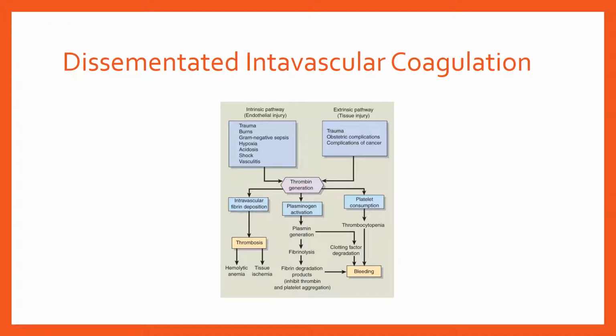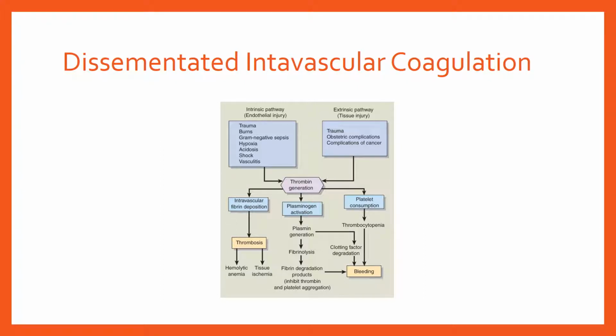So what happens? Some type of trigger will initiate one of the pathways in coagulation, and it may be either intrinsic or extrinsic, doesn't matter. The intrinsic pathway can be activated with extensive endothelial lining damage, and endothelial lining damage can occur through injury from infection, virus, some type of immune disorder, or blood stasis.